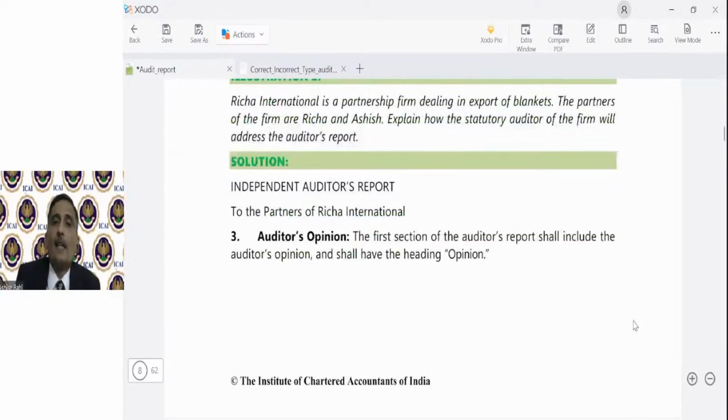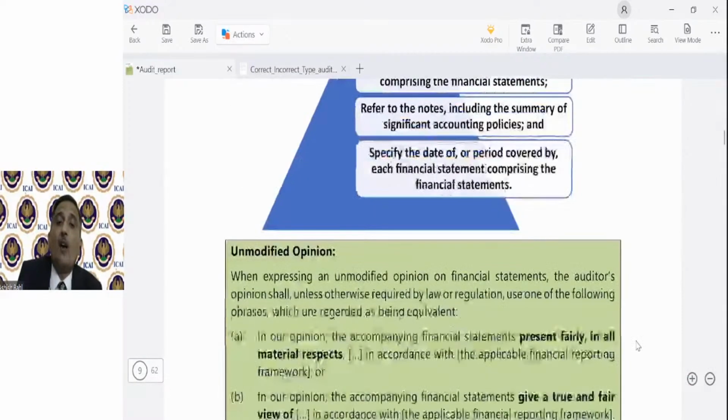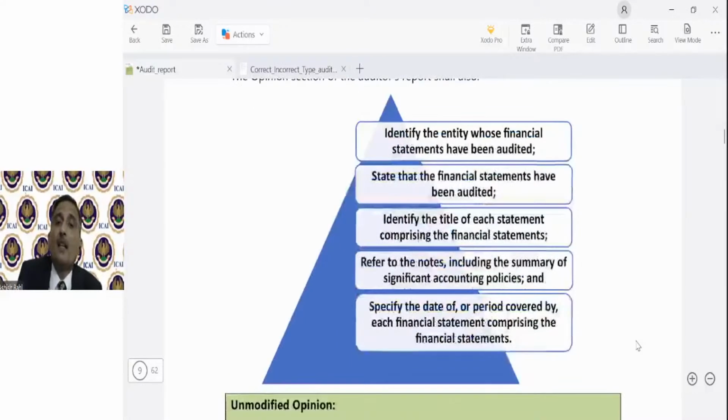So clear. Then third is auditor's opinion. So the auditors, first was the title. Second was addressee, to whom the report is addressed. Third is opinion. Now how does the auditor give his opinion? He does these things. Like he identifies the entity whose financial statements have been audited.